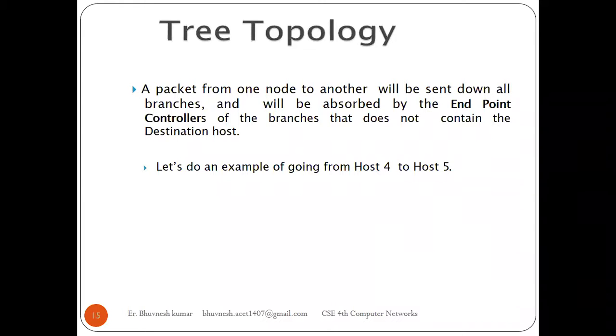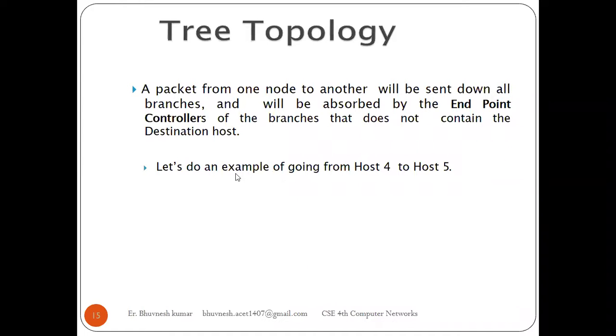If we want to send any data from a source to a destination, it will be controlled by your endpoint. If there is no destination host, then at the endpoint your data will be absorbed.